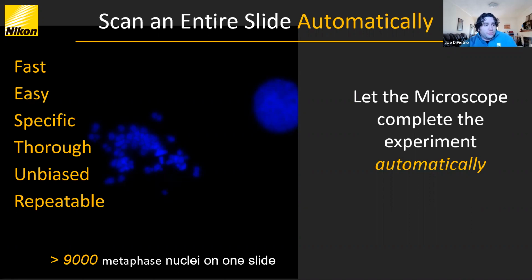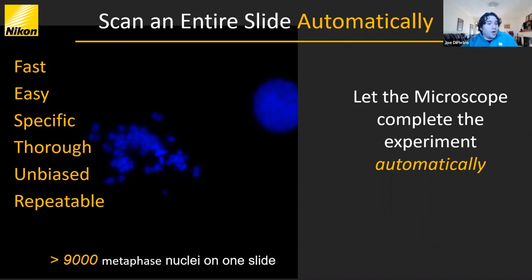If you were to, for example, give somebody this slide and tell them, go ahead and mark as many metaphase nuclei as you possibly can, I guarantee you that even if you gave it to the same person the next day, they're going to find different ones. They're going to find a different number of them.